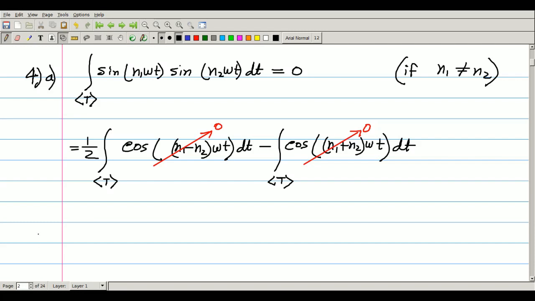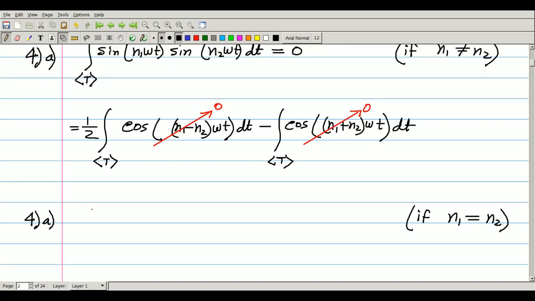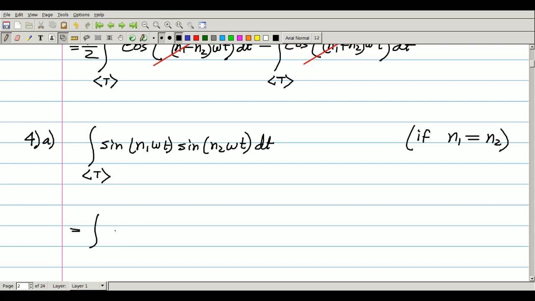However, suppose n1 and n2 are equal, then this product sine n1 omega t sine n2 omega t integrated over a complete cycle, which is same as integration of sine square n1 omega t dt, will give us T over 2.